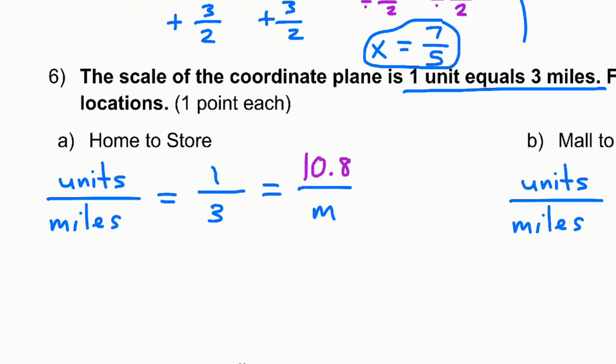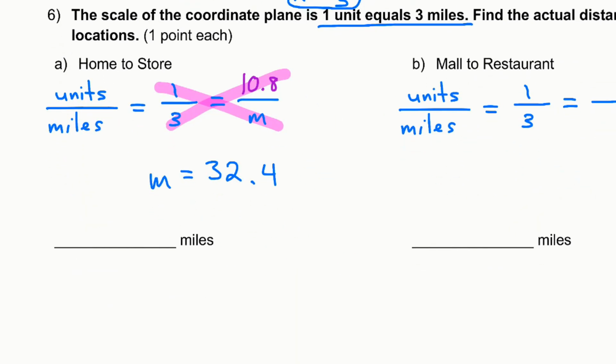Then you're going to do the cross products. So 1 times m is just 1m, so I'm going to leave that as m. And then 10.8 times 3 is 32.4. So the distance in miles is going to be 32.4.